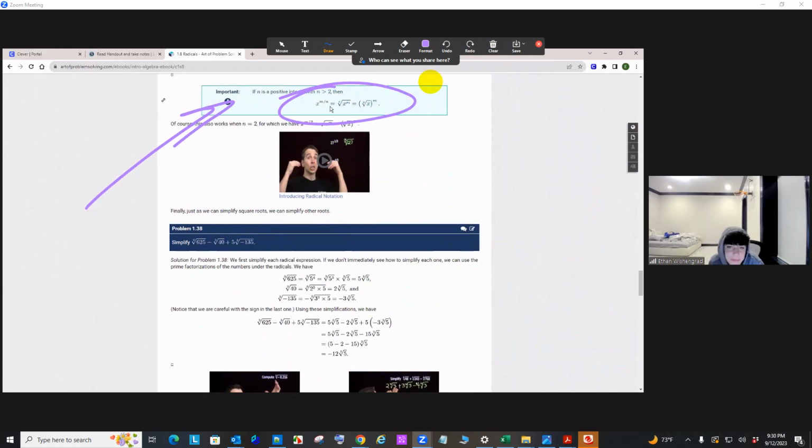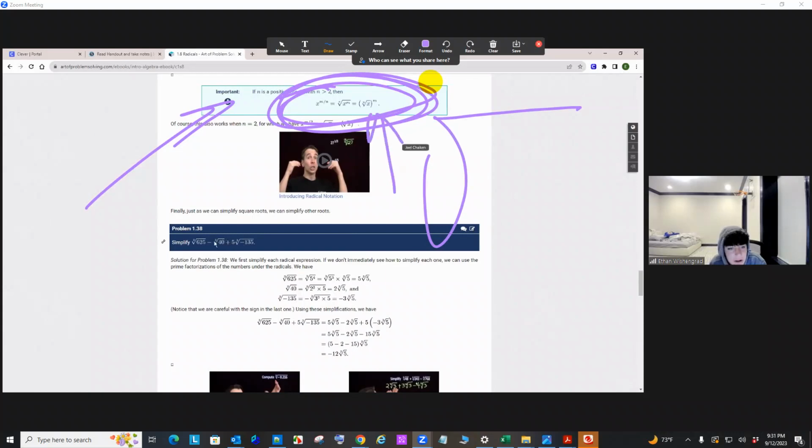Yeah. Oh, I see. They didn't do it yet because they didn't do the radical sign. So I assume the radical sign, but that's the key. What they did is they talked about the nth root in the previous section, but they didn't write it this way.